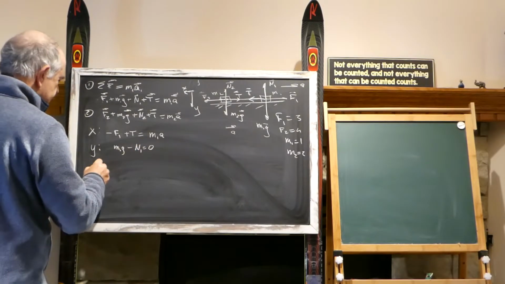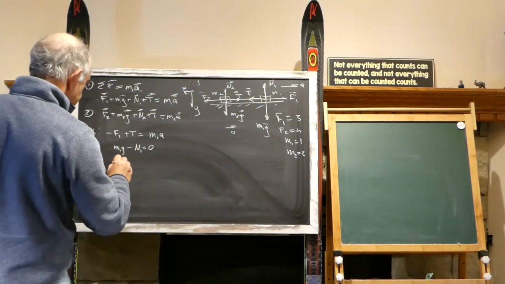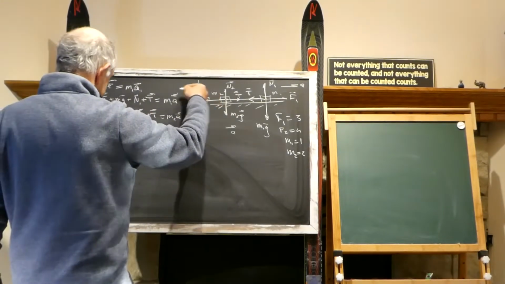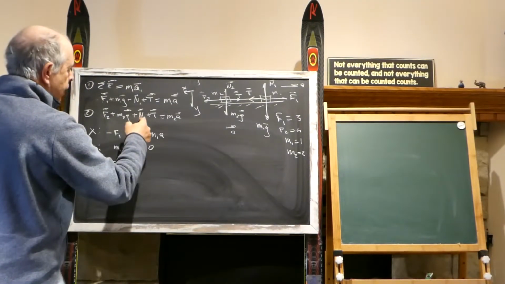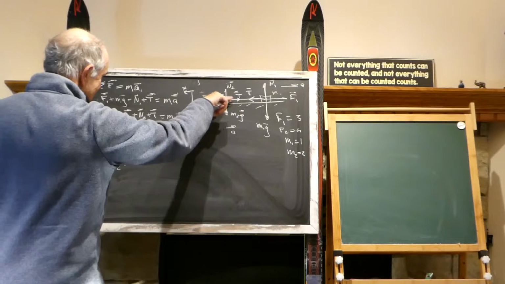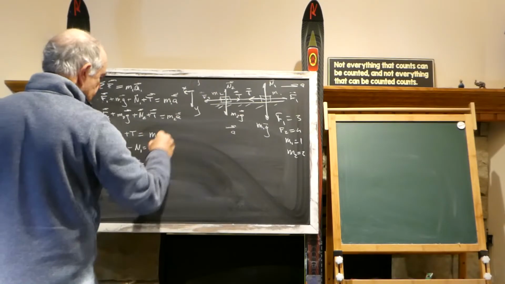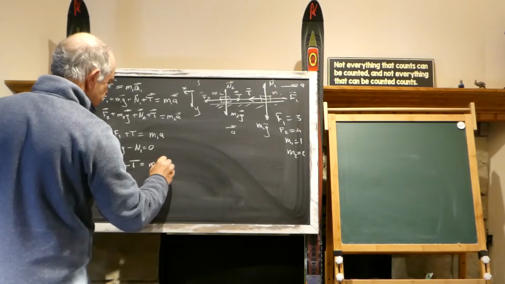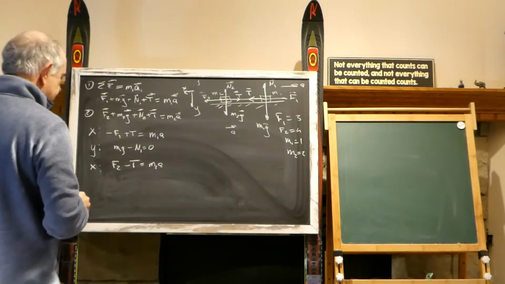Now I go to the second body. The projection of F2 is positive, because it's looking the same way. M2G and N2 are 0 in x. T, minus T equals M2A, and the acceleration is the same unknown acceleration.